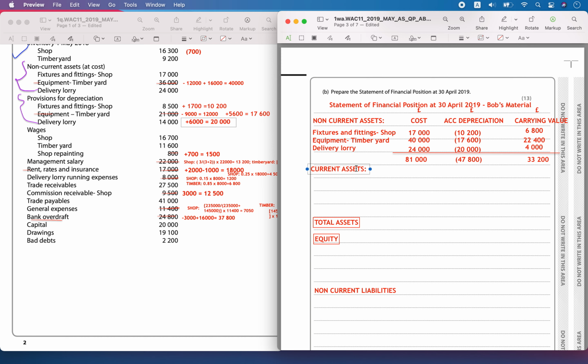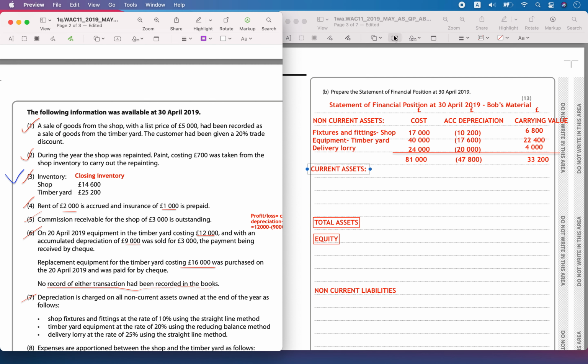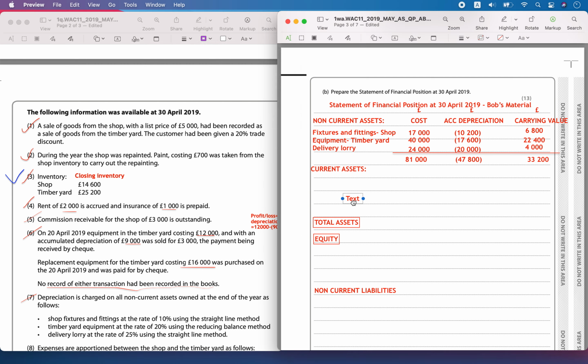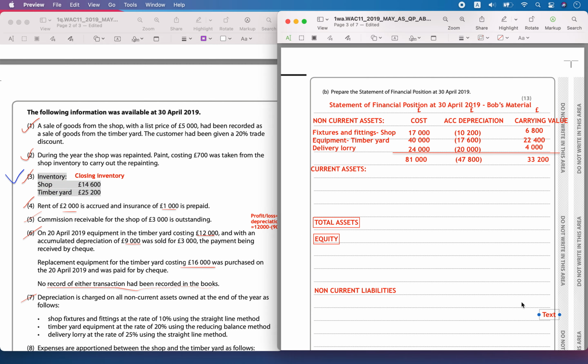Now let's calculate the current assets. Okay, now what are the current assets? We have the closing inventory, for the shop and the timber yard, which we have to include.